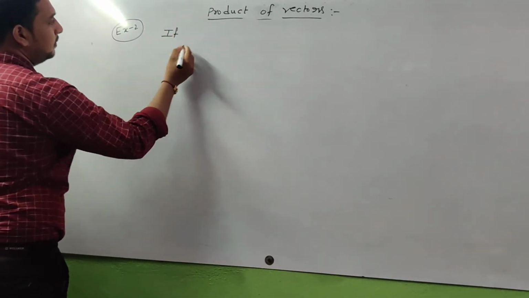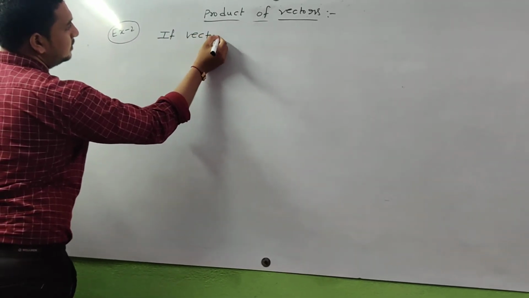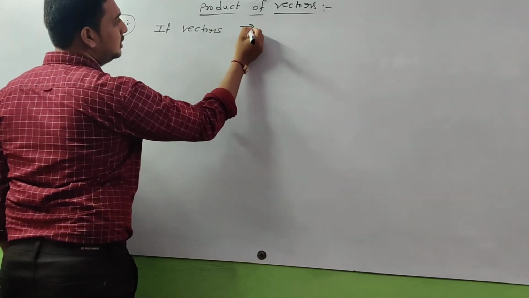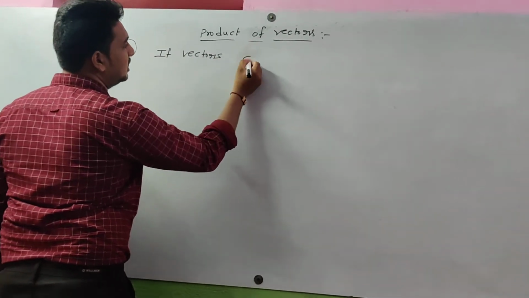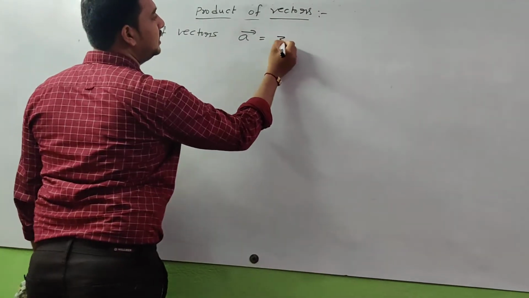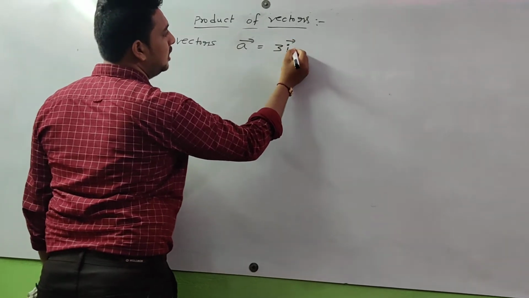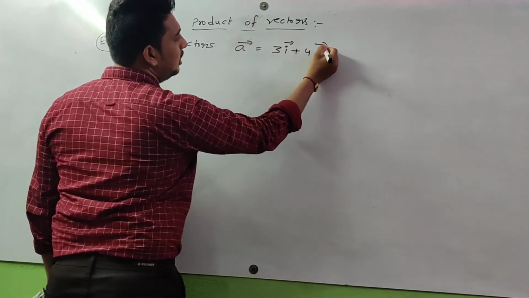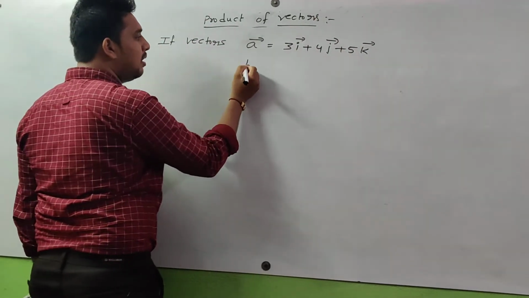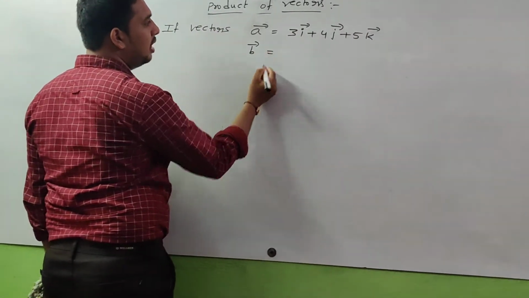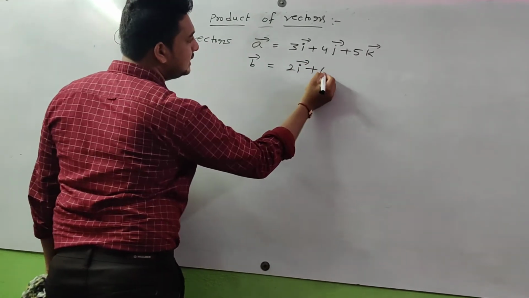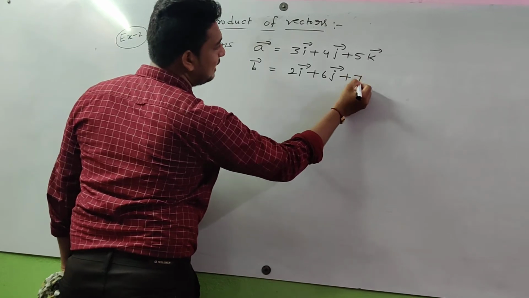If vectors A bar is equal to 3I bar plus 4J bar plus 5K bar, and B bar is equal to 2I bar plus 6J bar plus 7K bar.